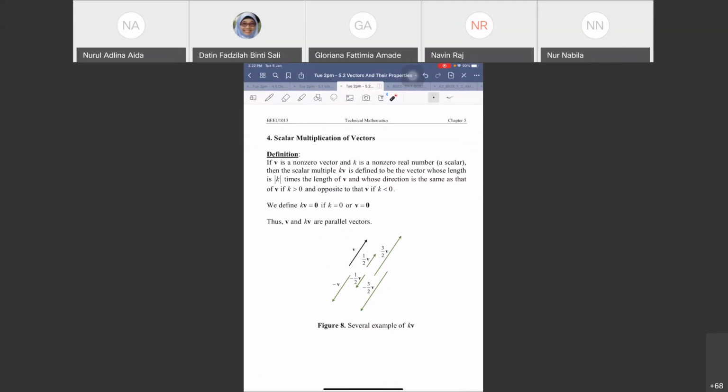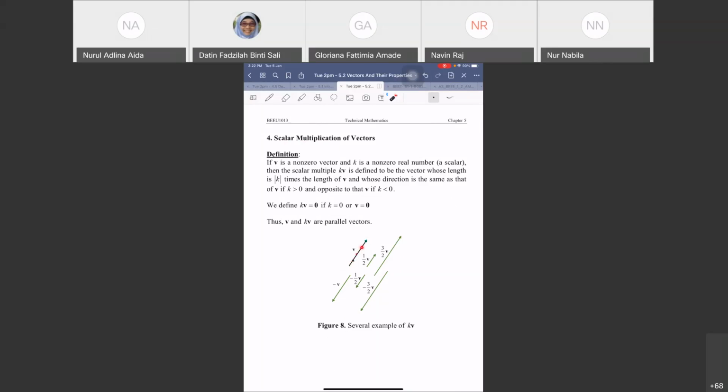You also have another arithmetic operation that you can do. Besides adding and subtracting, you can also multiply. Remember, for vectors there's what we call scalar multiplication. Scalar means you have a number in front of that vector. For example, this is vector V here, with this much length.